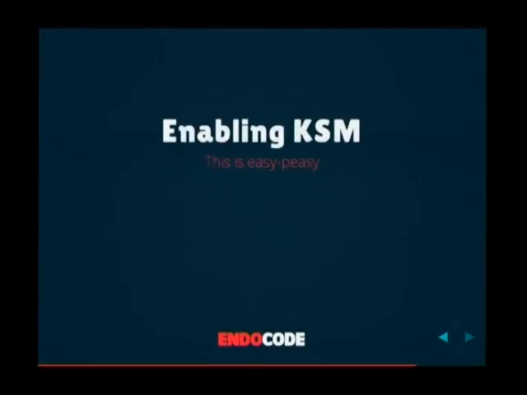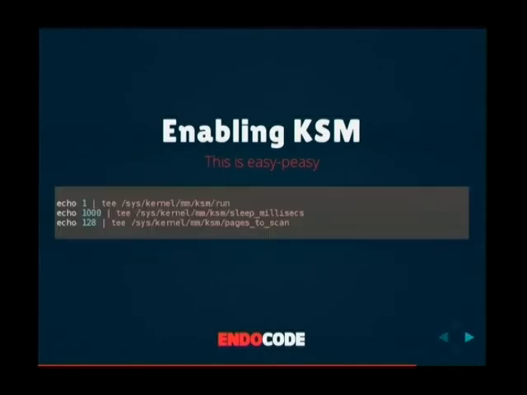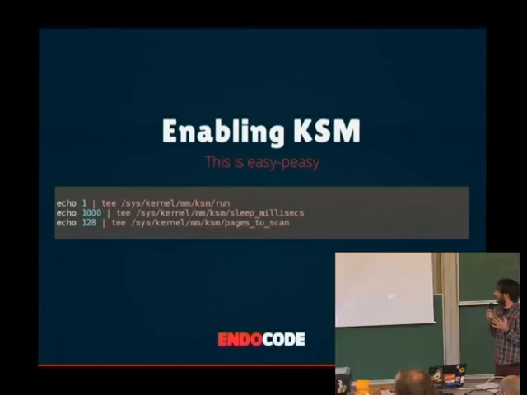So how do you enable KSM? It's very easy. Just go to your sysfs and put a 1 in the run file, and put some values in sleep_millisecs, which tells KSM how much time it should sleep between scans.